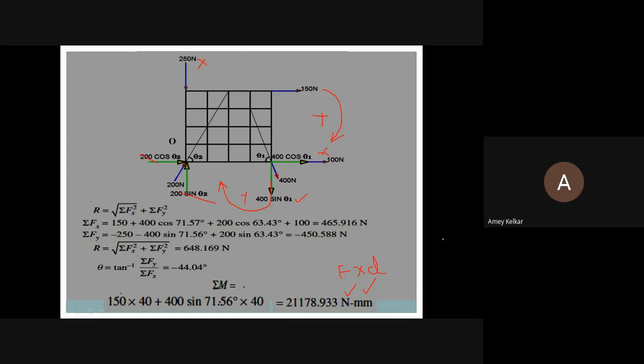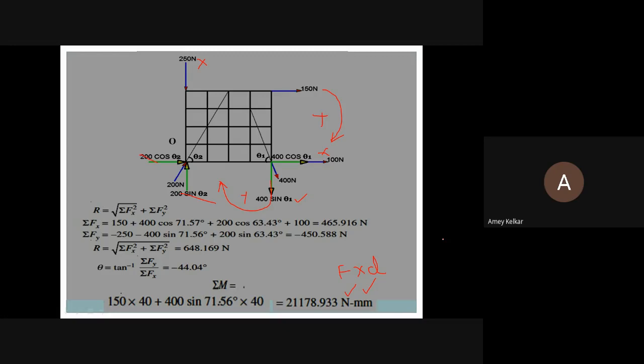Still, level 3 or a bit higher examples are there if required. I'll take an extra class on Monday regarding this concept if required, or else we will be closing module 1 with this example. I'll share both PDFs, today's class and the previous class, and a few more examples so that you can practice.